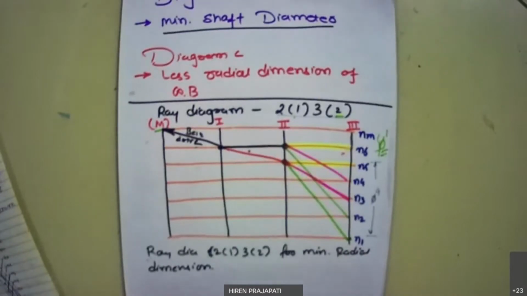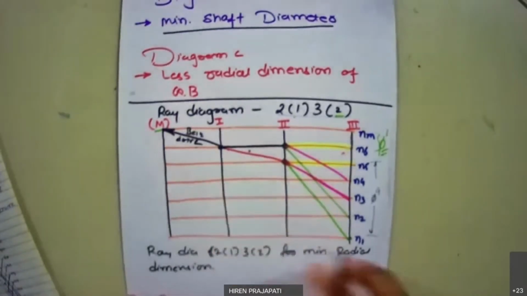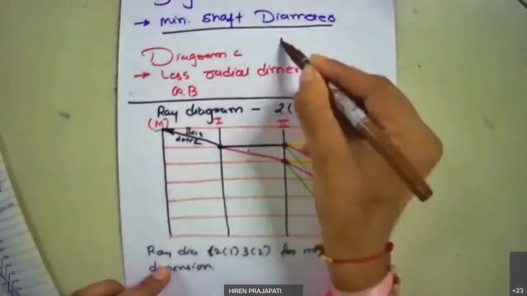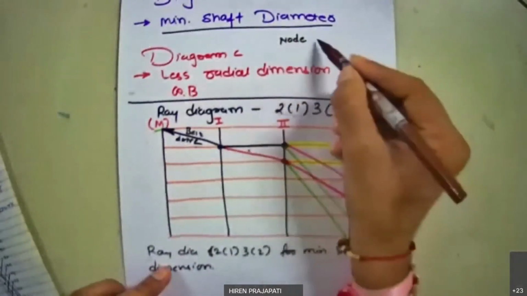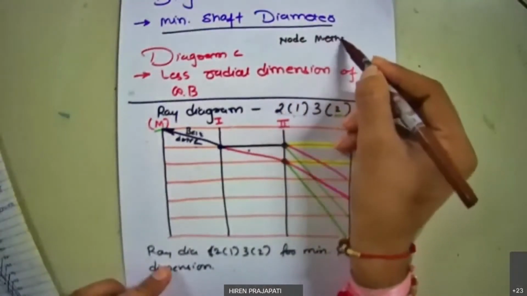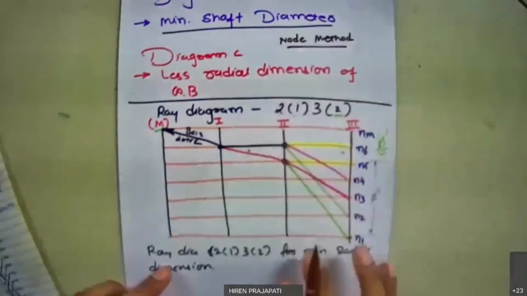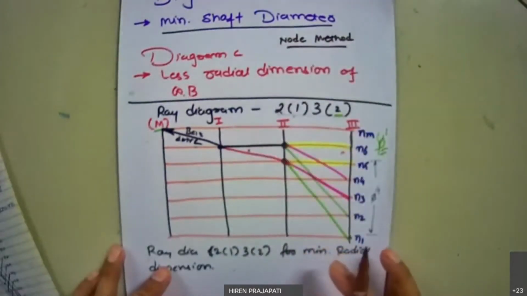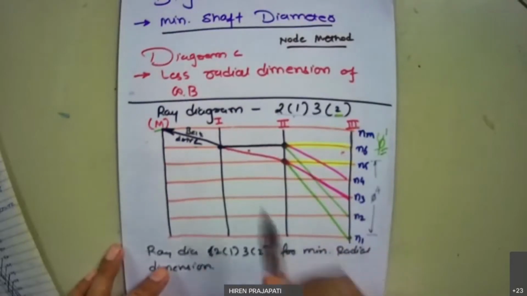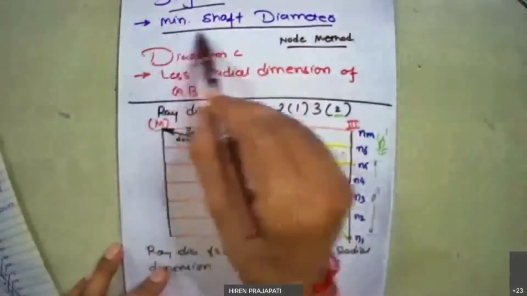Straight away we can also say which ray diagram is best, but there is one method called the node method or node theory, based on which you can select the best ray diagram as per criteria 1, minimum shaft diameter.